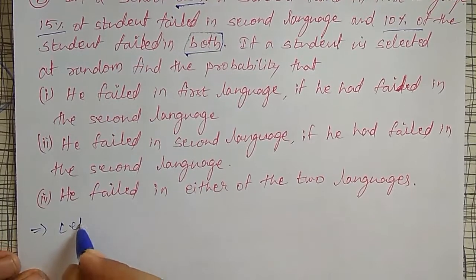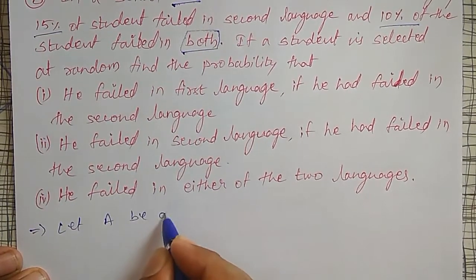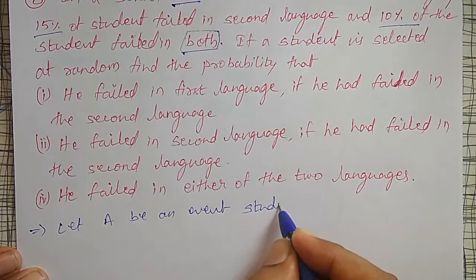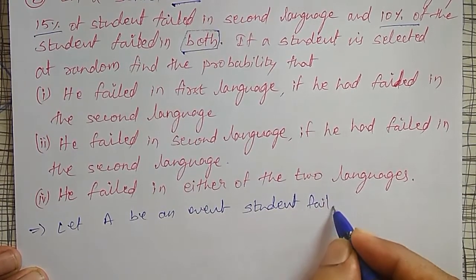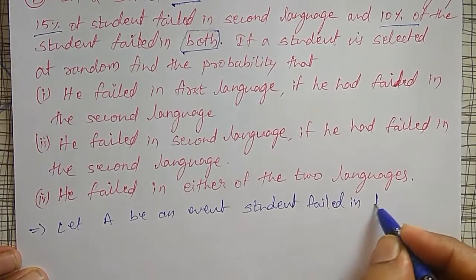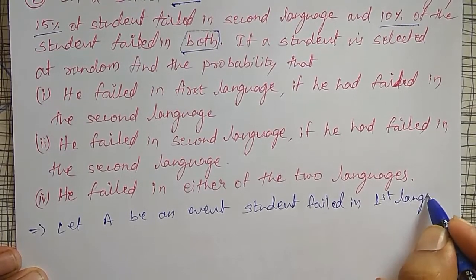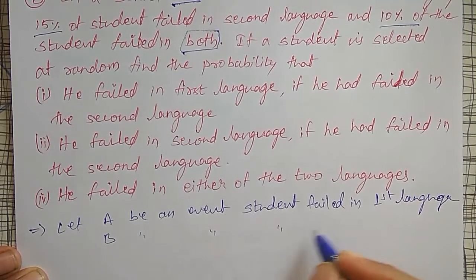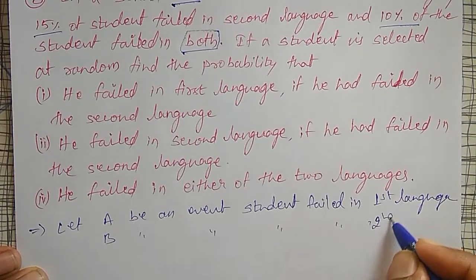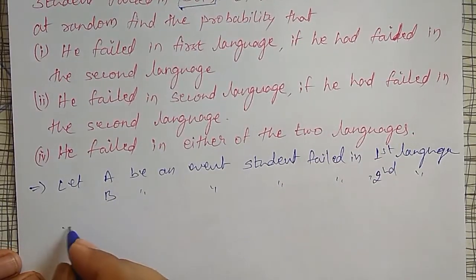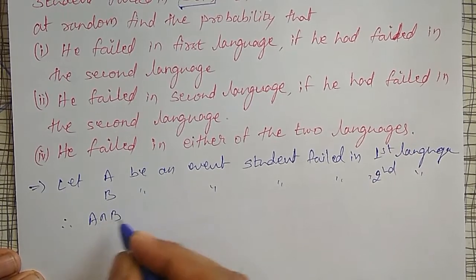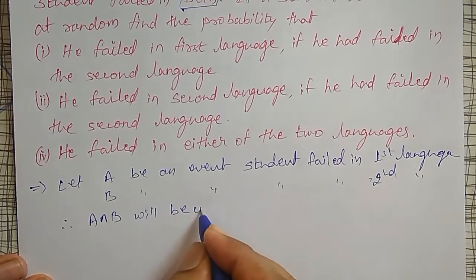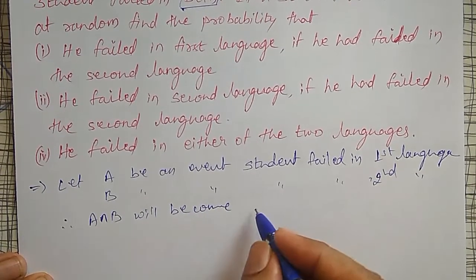Let A be the event student failed in first language. B be the event failed in second language. Therefore, A intersection B will become failed in both.